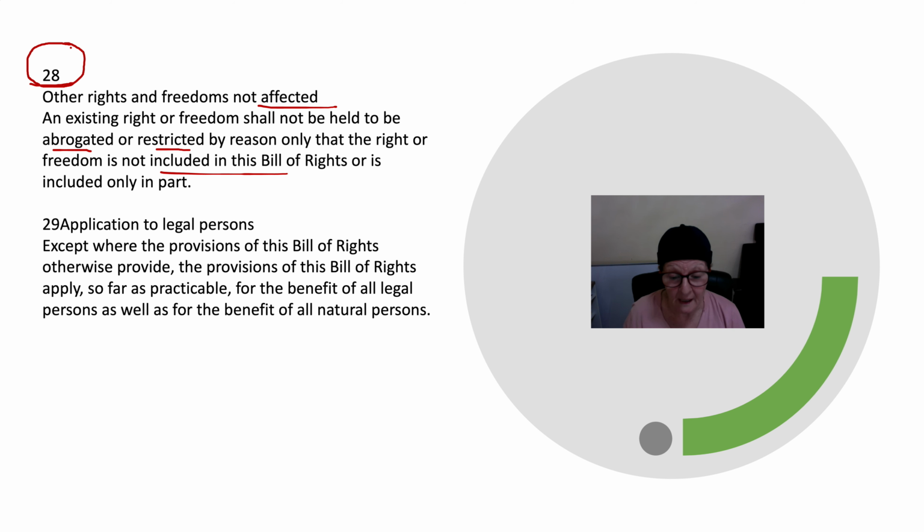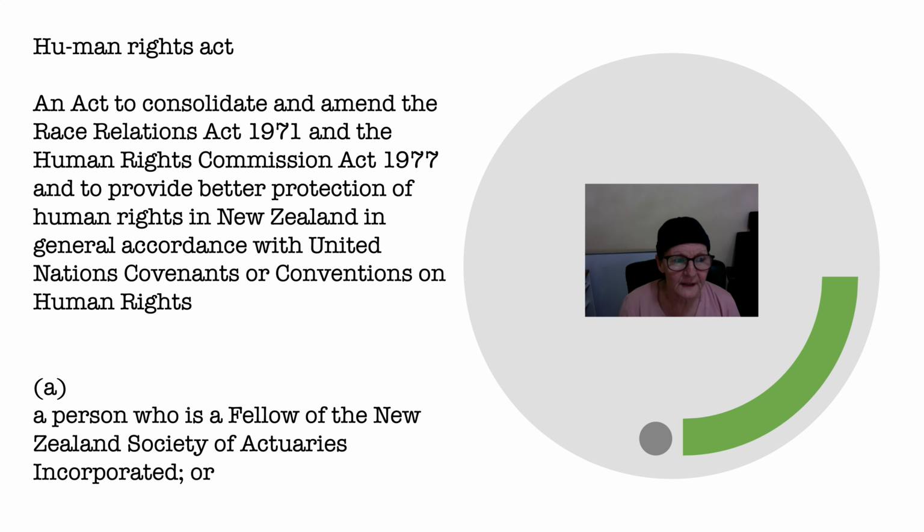So Section 28 is in your 1990 Bill of Rights, which is for them, and then you can use that. The Human Rights Act is the other one, and this is who the Human Rights Act is for. It's not for Commonwealth people. If you're in a Commonwealth country, the Human Rights Act is not for you.